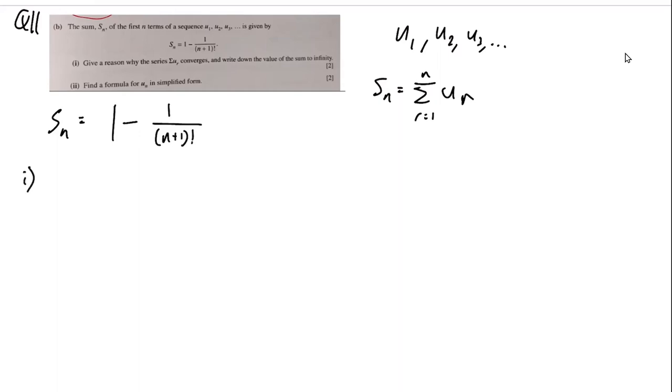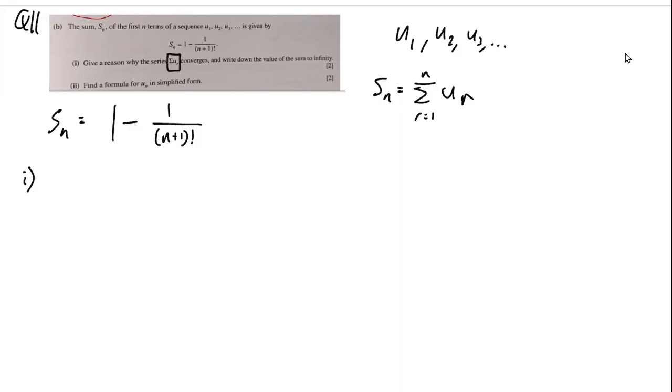Now part 1, you want to give a reason why the series sum UR converges and write down the value of the sum to infinity. So this converges. They use sum UR to confuse you.